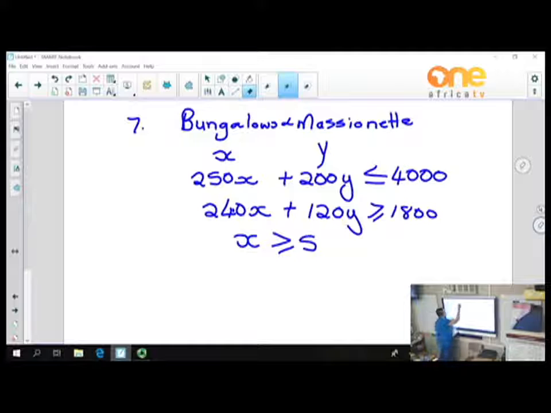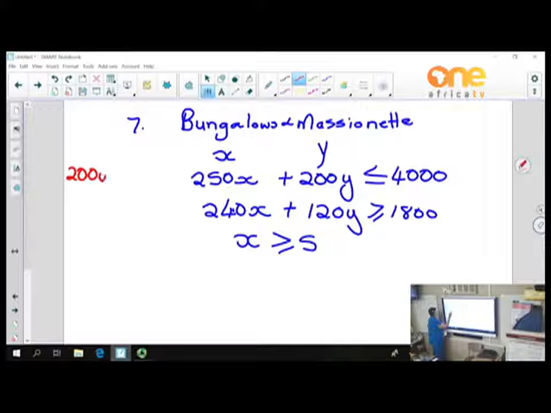So let's do that first now, to change them to standard form. I just do the algebra, because there are people who struggle to see it. So 200Y is less than or equal to negative 250X plus 4,000. This is algebra here now, and Y is less than or equal. Now what is 250 over 200? 5 over 4.